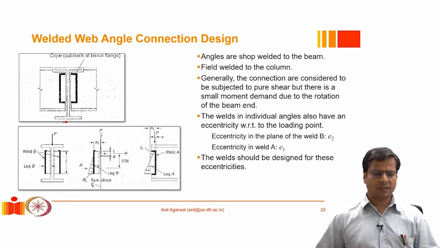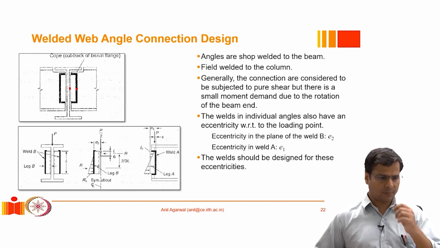So what we can imagine is that this angle is welded at this location as well as this location. So there are two locations where this angle is welded at both ends, right? And the force is getting transferred by the beam closer to this edge or this location. Now this has to be transferred to this location.